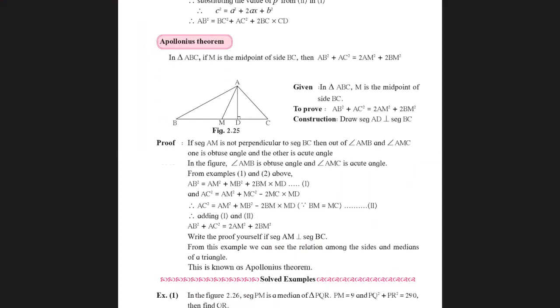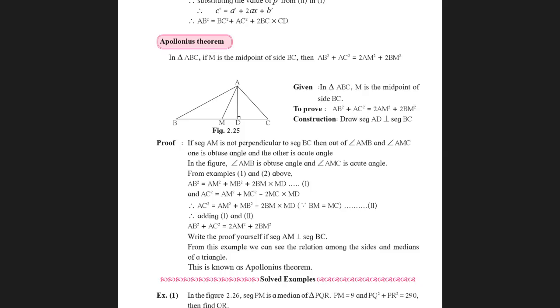Now, what you need to understand here is you will be given a triangle ABC. You will be given the midpoint of one of its sides. For example, in this triangle ABC, M is the midpoint of the side BC. You can also call AM as the median. Okay.